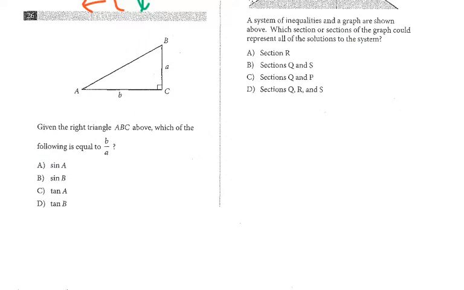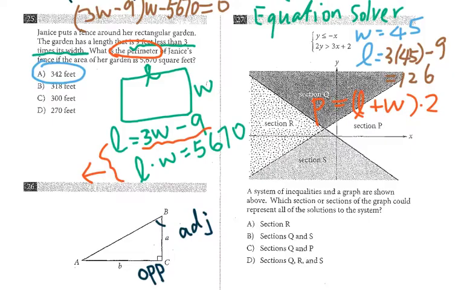For number 26, using SOHCAHTOA, you could see that's tangent B. Because this B will be the opposite side. And A we can count as the adjacent side. So according to SOHCAHTOA, it will be tangent B.